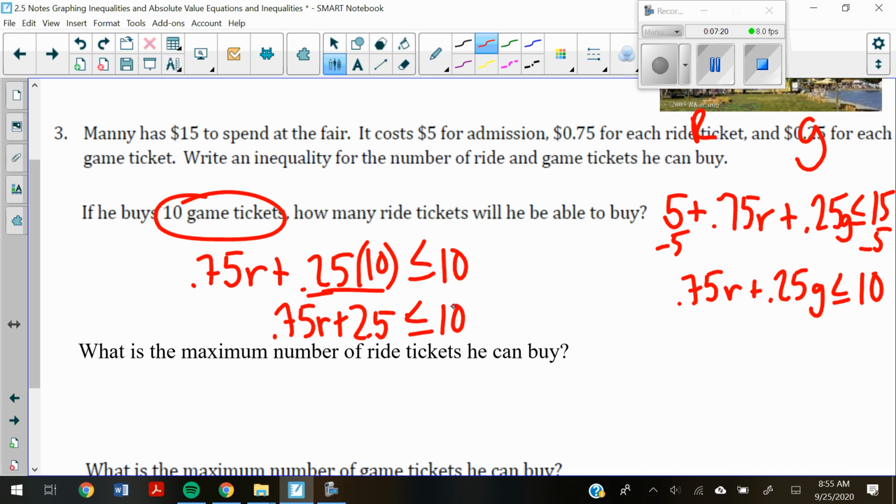Subtract over your 2.5, so you get 0.75R is less than or equal to 7.5. So he can ride 10 rides or less.